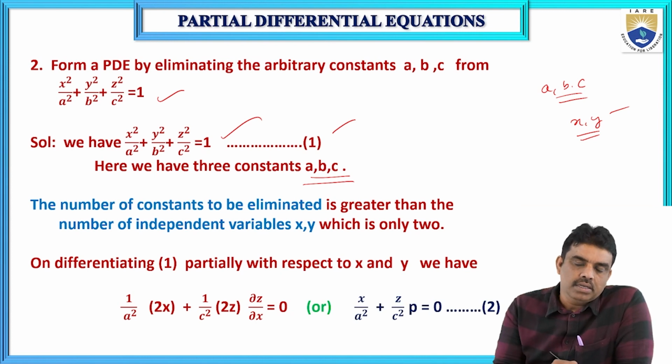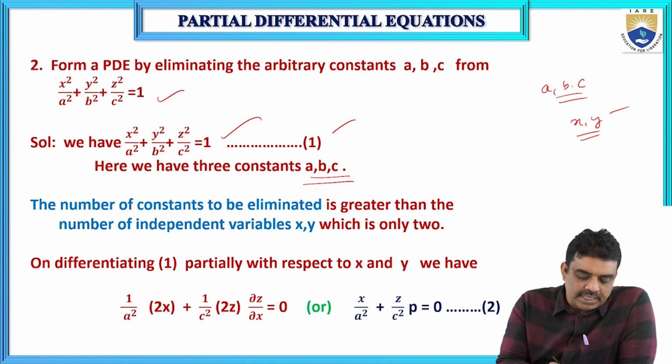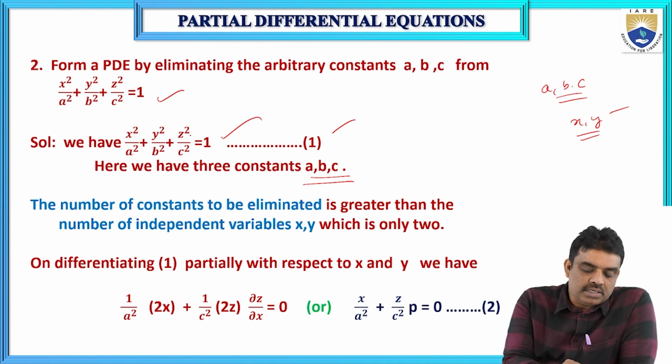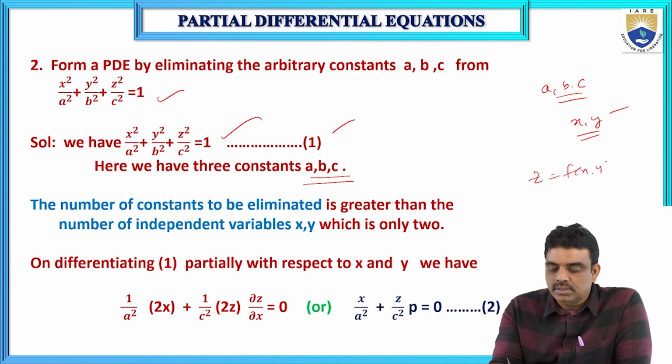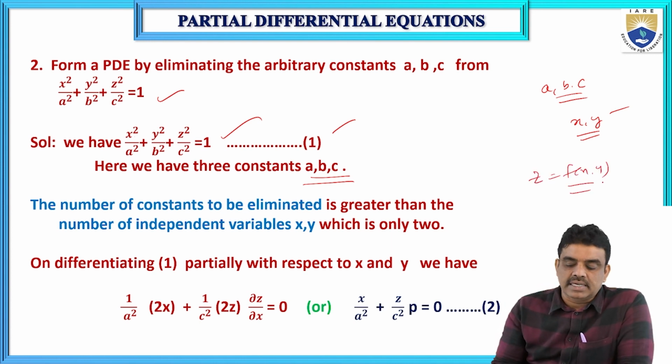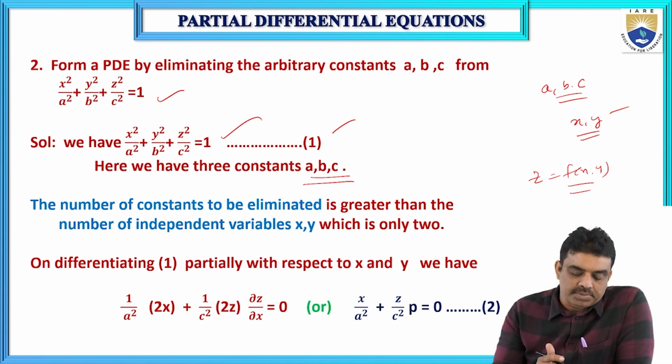So first we do the partial differentiation, 2x by a square. With respect to x, the second term is 0. The third term will be 1 by c square constant, z square derivative 2z into dou z by dou x, because z is a function of x and y. So z is having the terms x and y, so it is applicable to differentiate in both x and y terms.